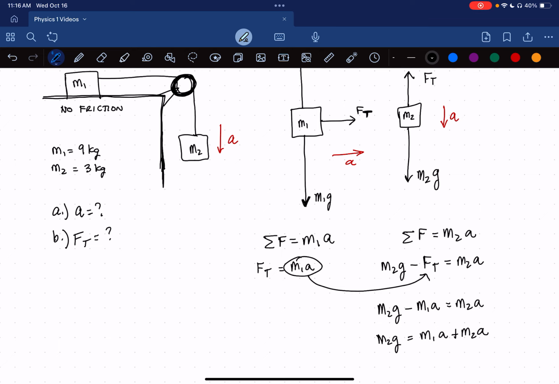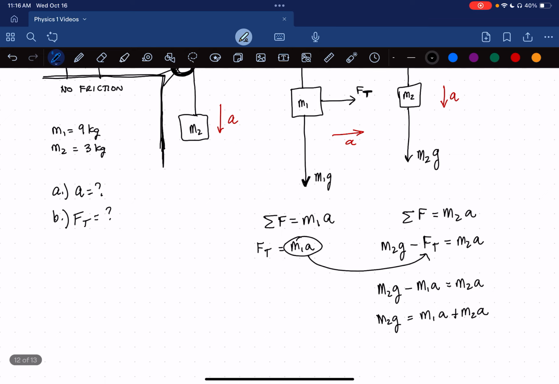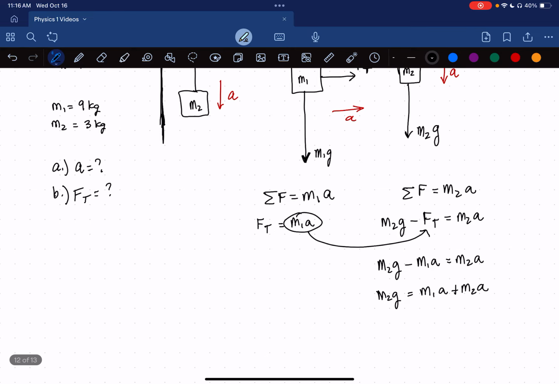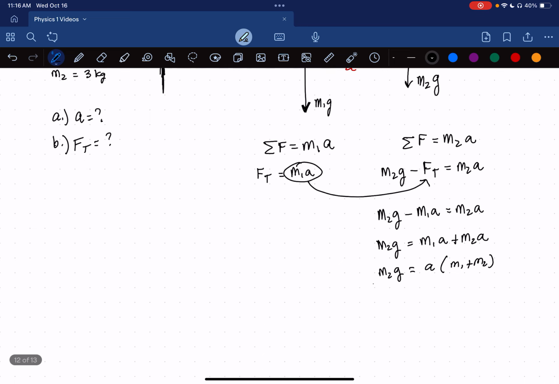We'll add m1a to both sides. We want to get a by itself, but we should factor out an a, so this is a on the outside of m1 plus m2. And to isolate a, we'll just divide by m1 plus m2.